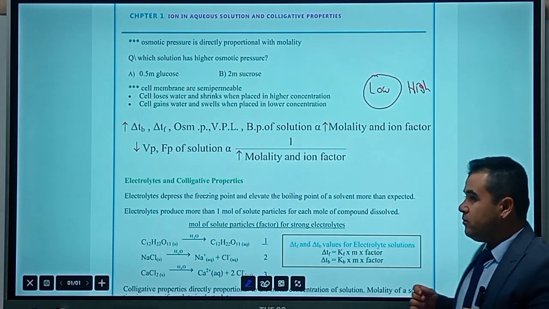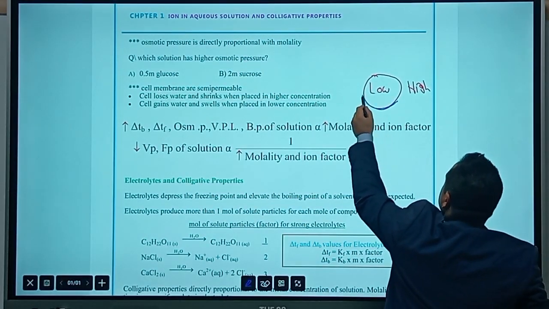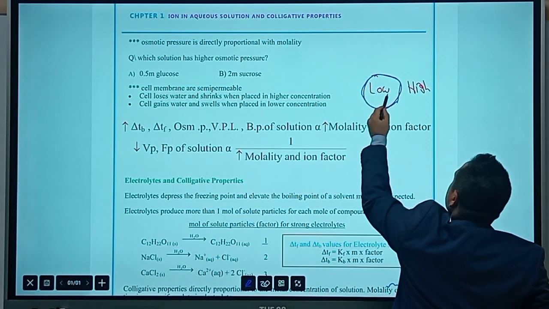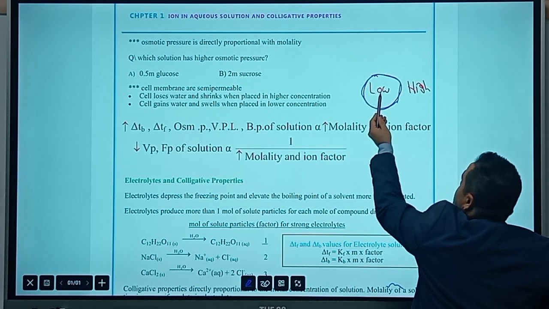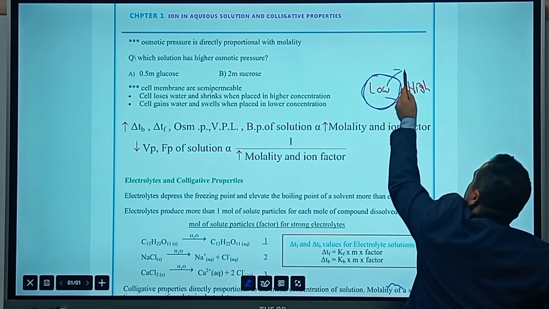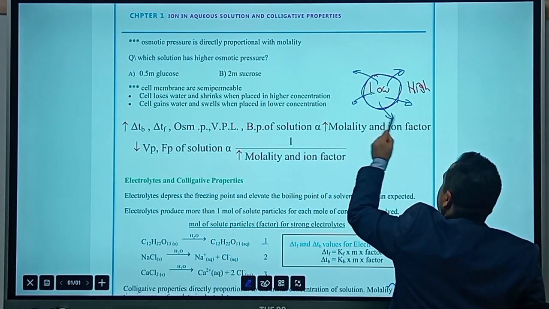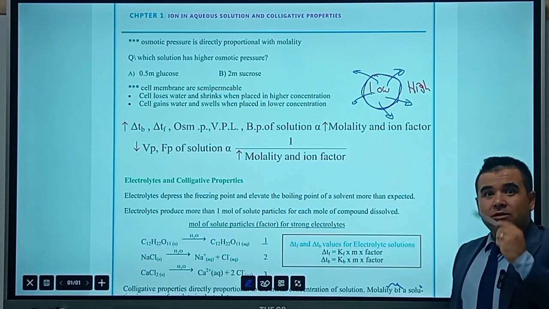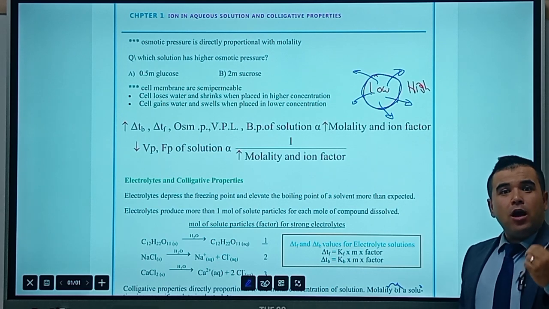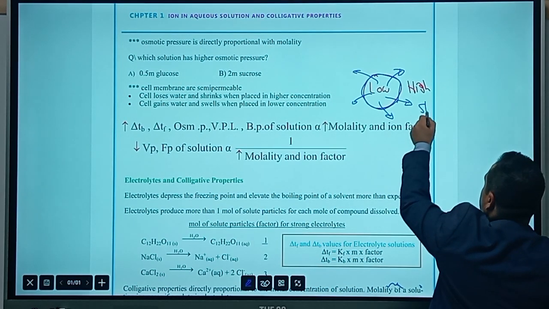Suppose this is the membrane of the cell. From the low concentration side, the movement of the water, the solvent, will be to the high concentration side, and that causes the cell to shrink.